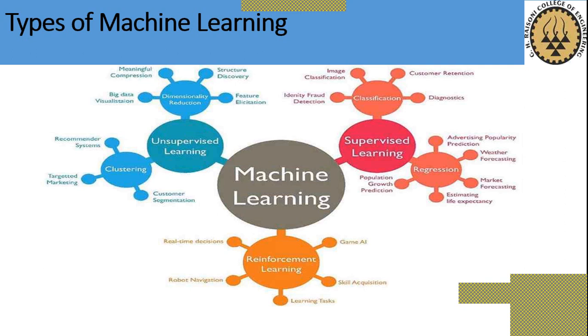In unsupervised learning, we will learn about clustering and dimensionality reduction. While reinforcement learning is about understanding real-time decision systems, robotics, skill acquisition, learning tasks, and game artificial intelligence. So let us see them one by one. What are the different types of machine learning algorithms?